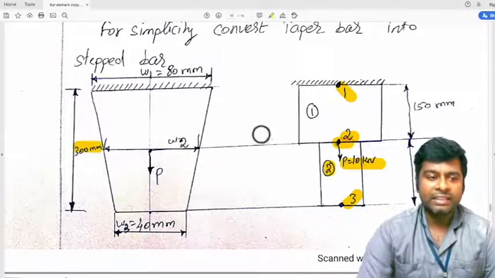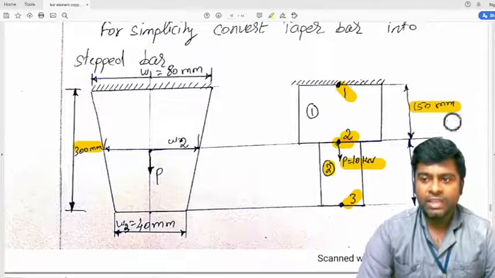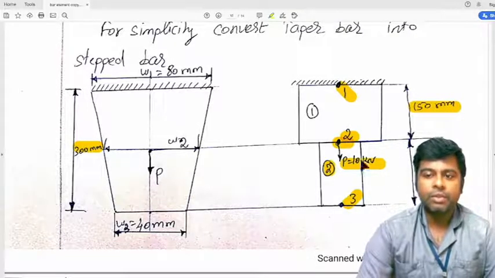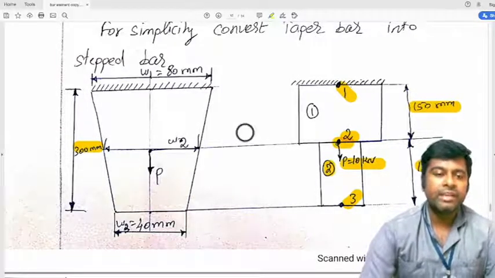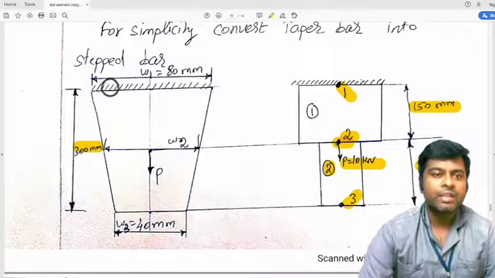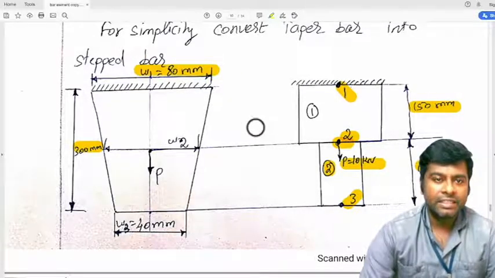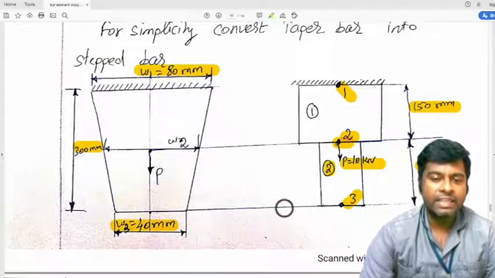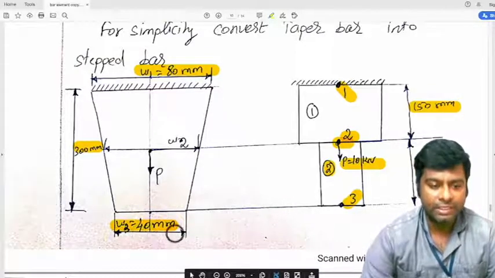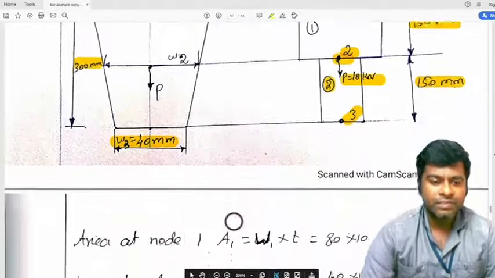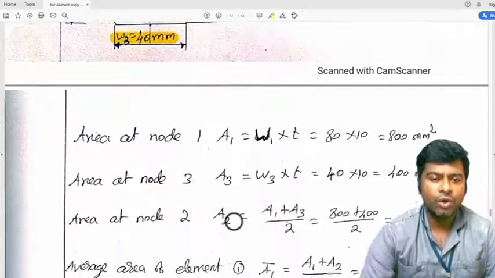The point load acts at node 2, P equal to 10 kilonewton. Total length is 300 mm, so element 1 length is 150 mm and element 2 length is 150 mm. Width at the bigger end is 80 mm and width at node 3 is 40 mm. First we find the area at node 1.